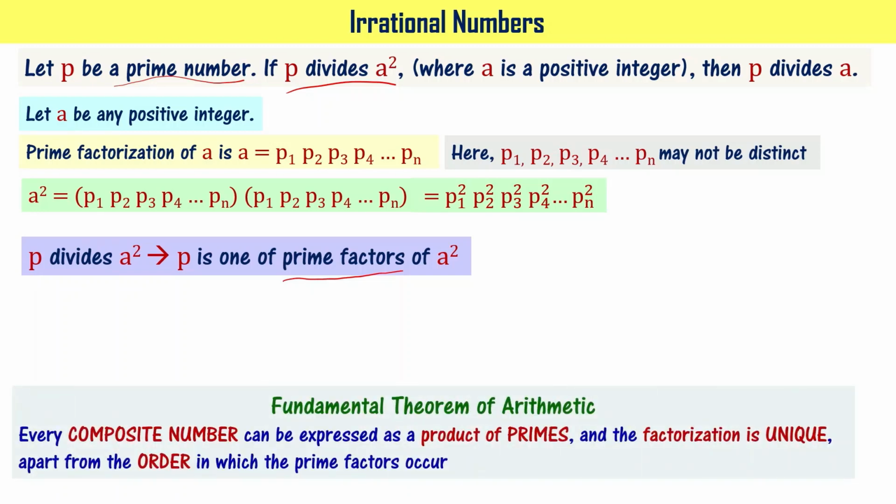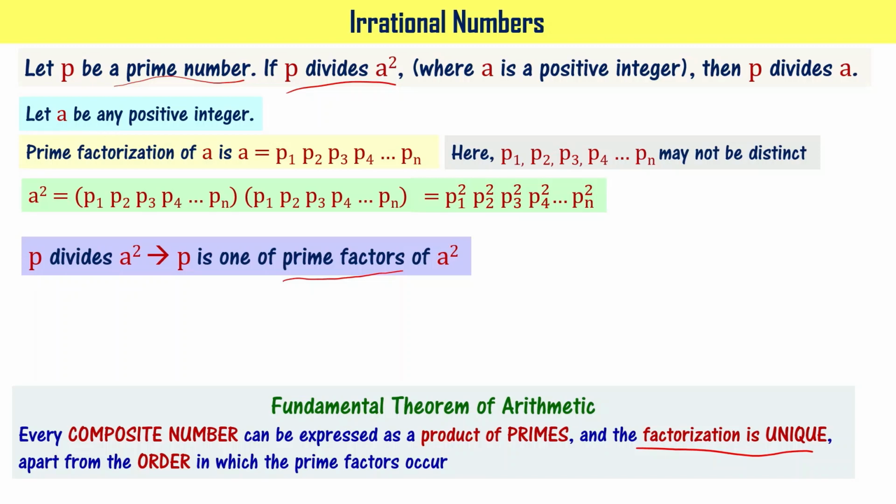We have fundamental theorem of arithmetic. It says that factorization of a composite number is unique, right? If a square is a composite number, its factorization is unique. It means p is one of the prime factors, right?